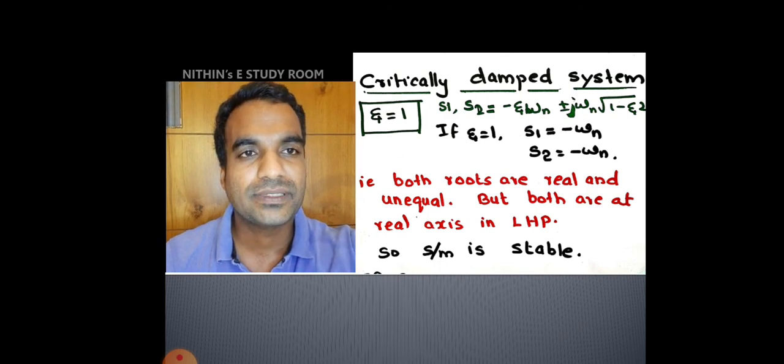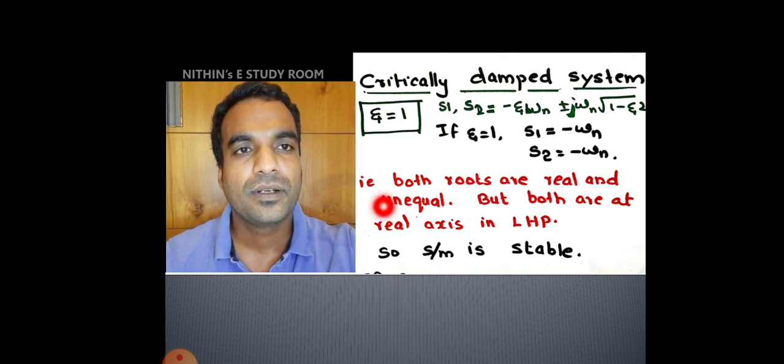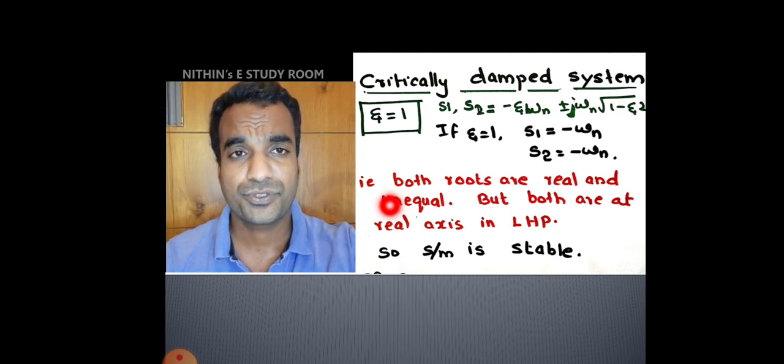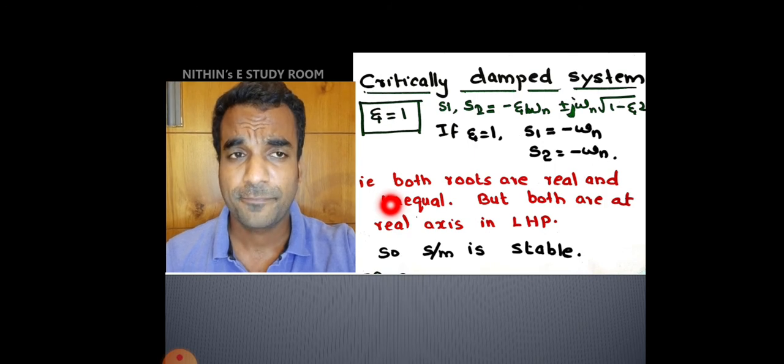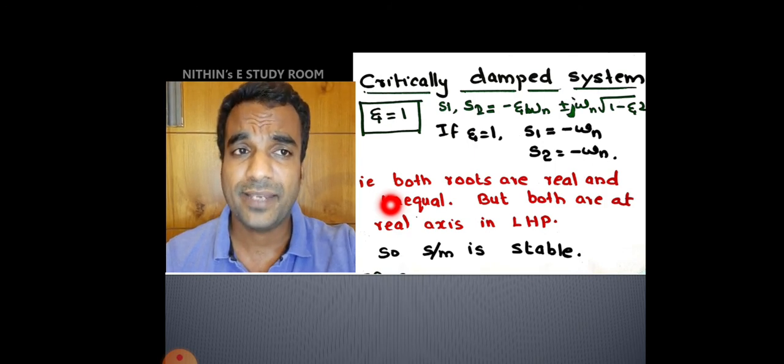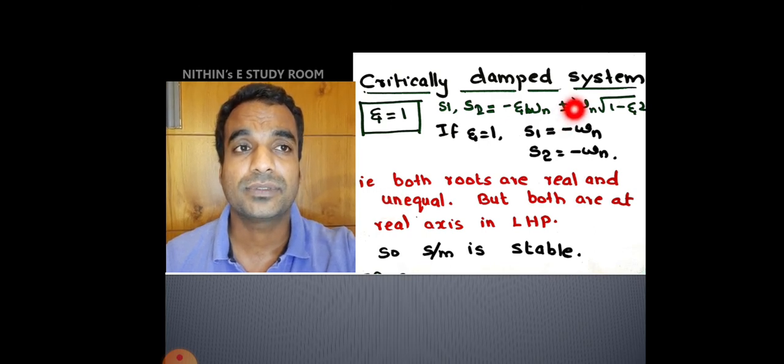Here there is a small mistake. Please correct it in your notes. Both roots are real and equal, because the magnitude is omega n and its value is the same, and there is no imaginary term, because this imaginary term becomes 0. This total term became 0.